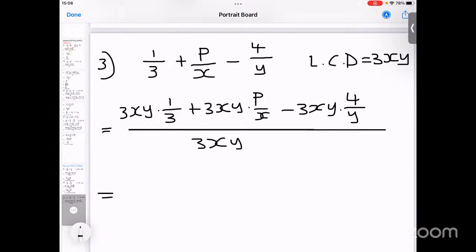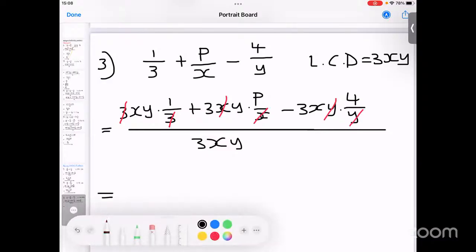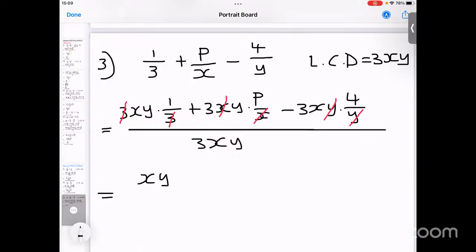And then what comes after is you enjoying the cancelling, which means that cancelling with that, and that cancelling with that, and that cancelling with that. So you end up having xy, because it's multiplying with that one, and then a plus there, then it is 3yp or 3py. It doesn't really matter that much.